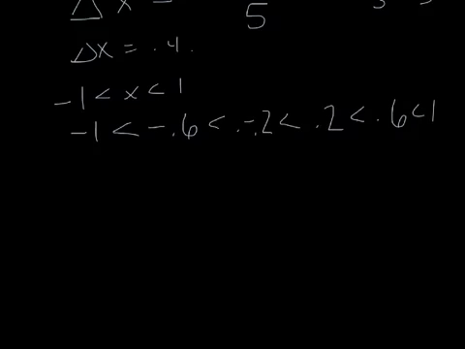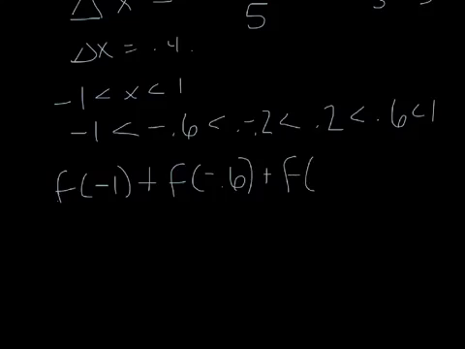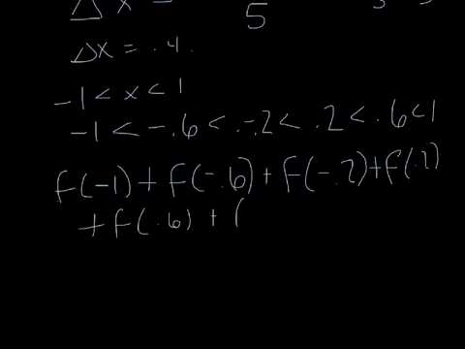Now we're going to evaluate the function at each of these endpoints. So f(-1), added to f(-0.6), added to f(-0.2), added to f(0.2), added to f(0.6), and added to f(1).